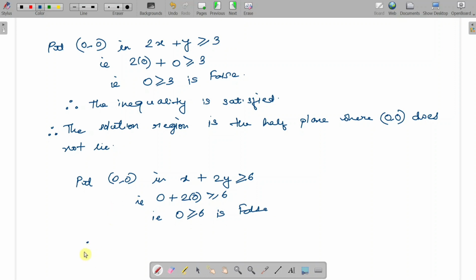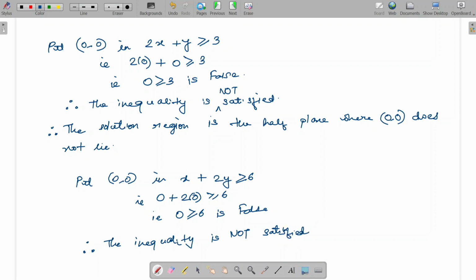So therefore the inequality is not satisfied. Here also I have written satisfied, it is not correct, it is not satisfied.